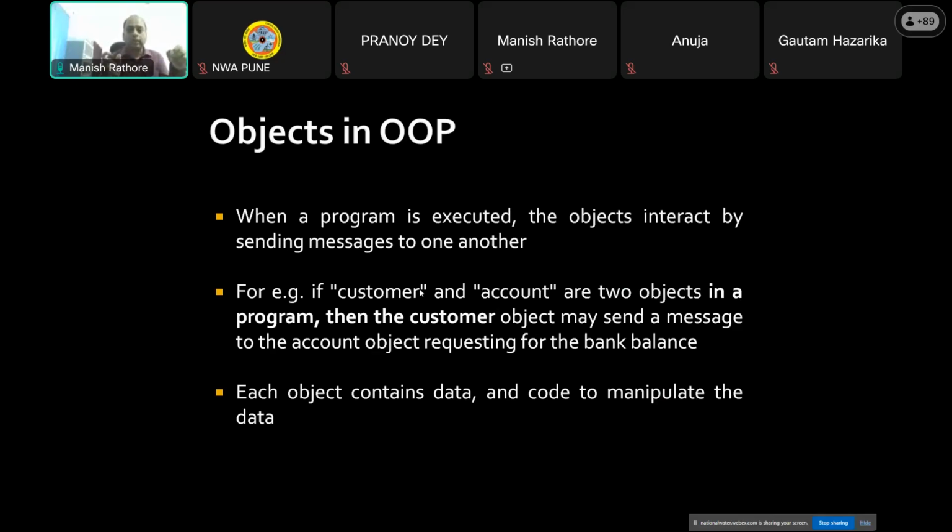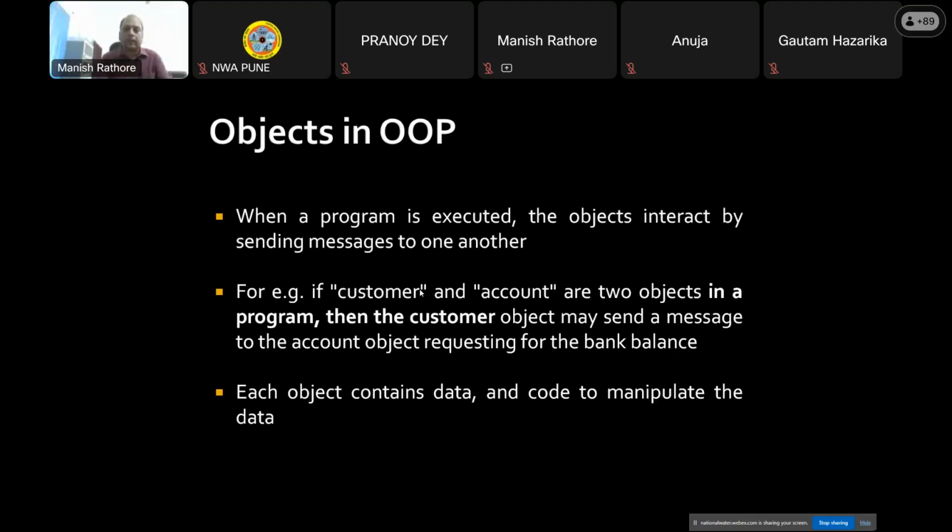Okay, it will give the customer ID कि मुझे इस particular customer का bank balance चाहिए. Then account का जो object है, it will take that customer ID, it will check whether it is available in database or not. अगर database में available है तो उसका account का balance जाएगा, वो balance वो उसको transfer कर देगा as a value. ये इसका account है. अगर नहीं है, it will throw an error, no such customer exists, like that.